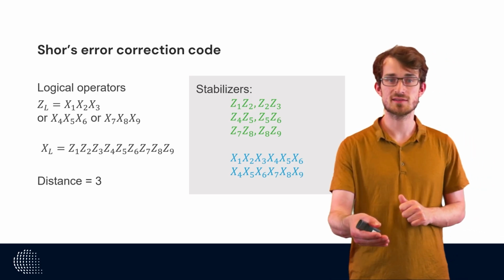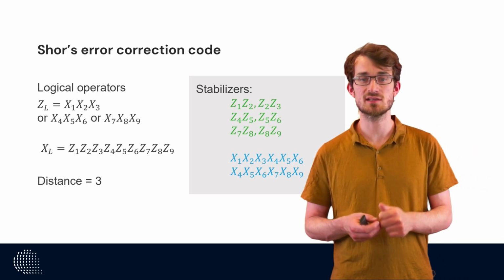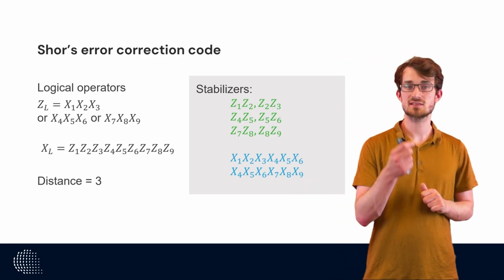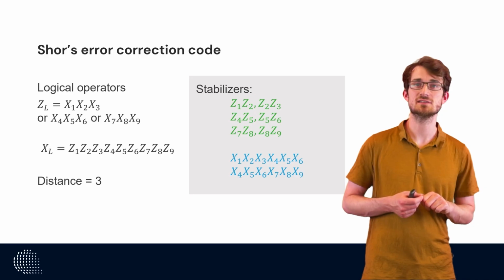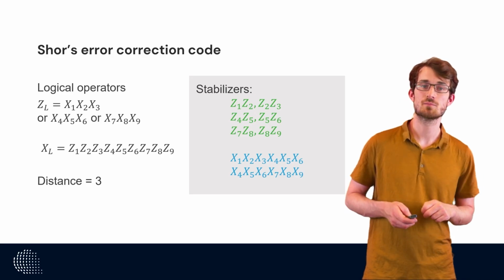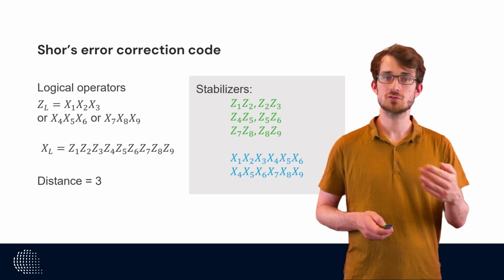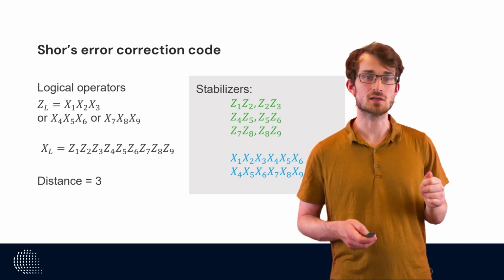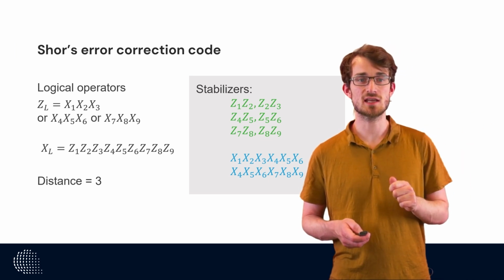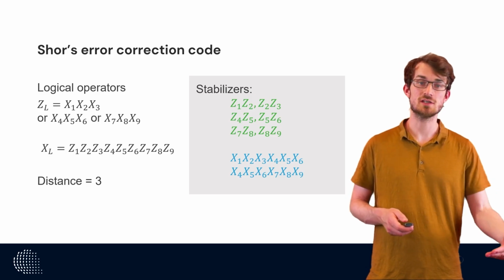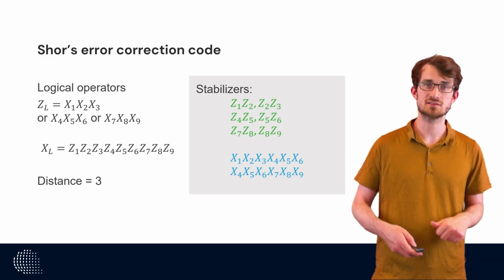While the logical Z operator is actually a product of all 9 Z operators. Here, the distance is set by the smallest of these distances. So this means that in this case, the distance of the code is 3. And you notice that we actually have 3 choices of logical X in this case. That's a feature that can help you decode the errors in a more advanced scenario.